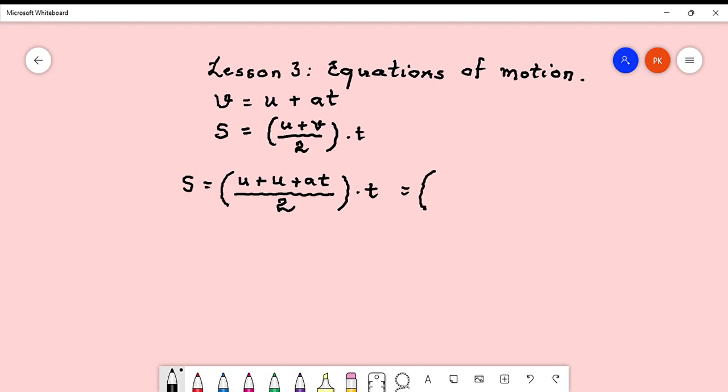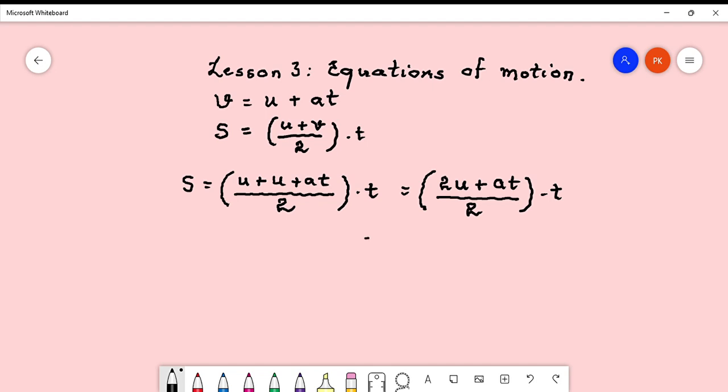U plus U is 2U plus AT, divided by 2, into T. What I have done here, for V, I have substituted U plus AT. So it becomes U plus AT upon 2. So U plus U is 2U plus AT upon 2 into T.